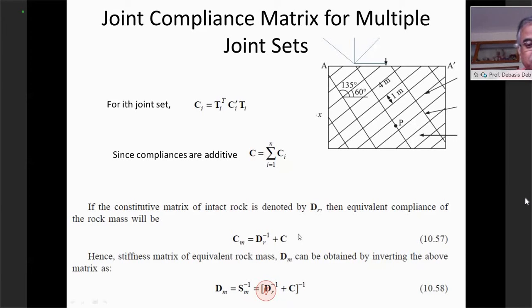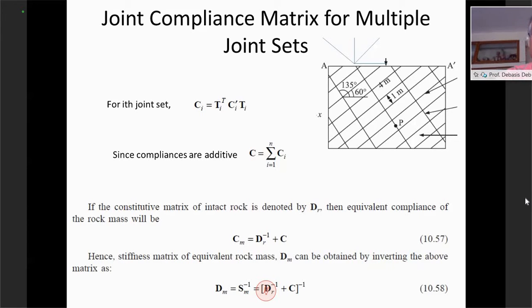Up to this much is fine, but then if you want to find the equivalent rock mass constitutive matrix, then DM will be, oh yes, C should be there, yes, this will be CM, the inverse of CM. So that will give us the constitutive matrix of the equivalent rock.